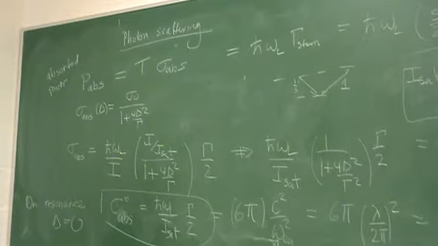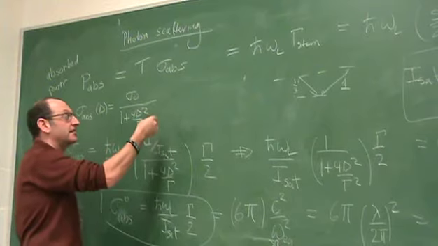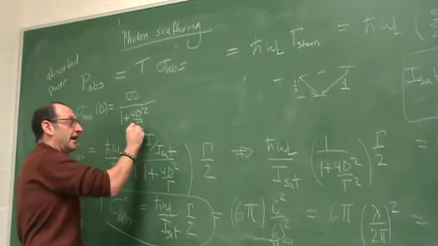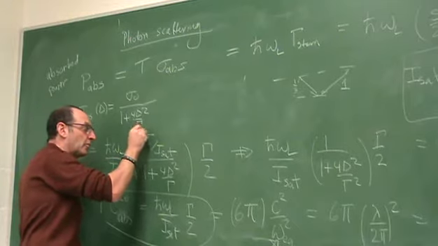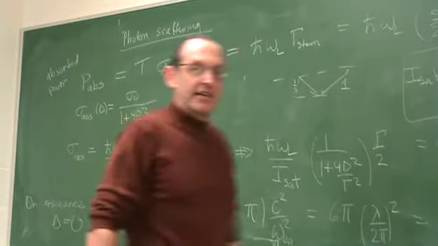Okay? Of course, this was in the perturbative regime. In practice, I really should have, in addition to this, the saturation. So in principle, this is really the power-broadened line that we would have if we were to crank up the saturation parameter.